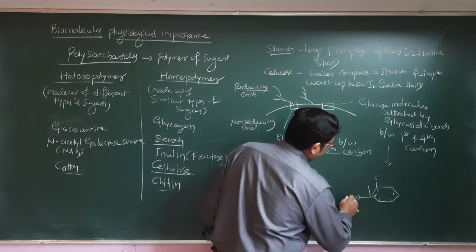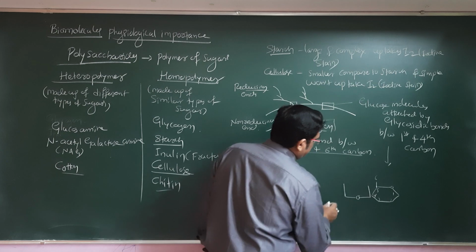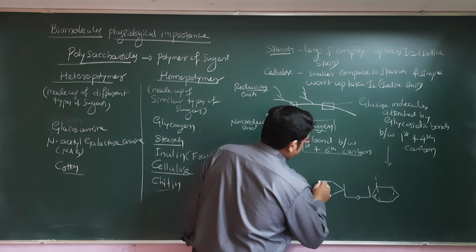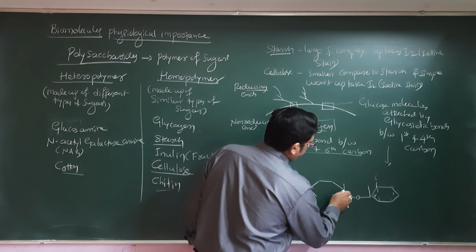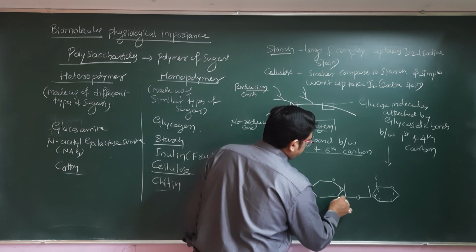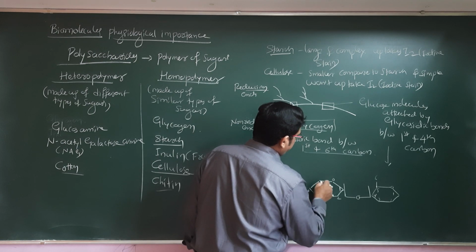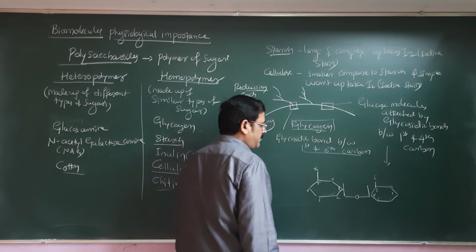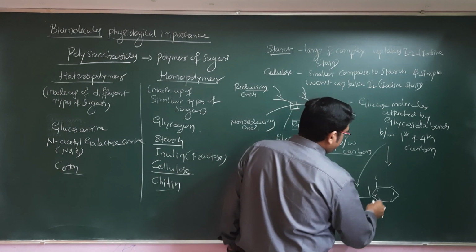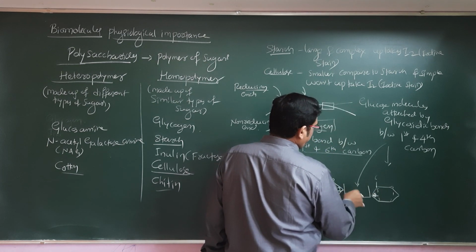Glycosidic bond. Here again, this is the sugar molecule I am drawing. It is a hexose sugar. The terminal carbon, first carbon, second, third, fourth, here is the fifth and here is the sixth carbon. So the glycosidic bond you are observing is between the fourth carbon of the previous and the first carbon of the next.